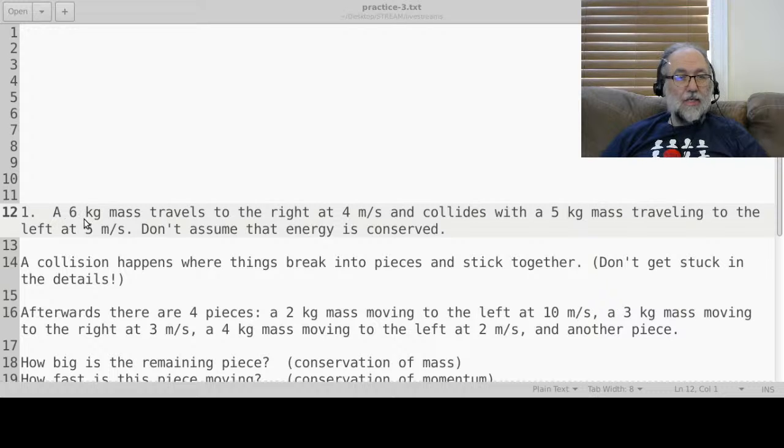So a 6 kilogram mass travels to the right at 4 meters per second and collides with a 5 kilogram mass traveling to the left at 5 meters per second. In this problem, don't assume that energy is conserved. I don't really need to say that, but I said it explicitly just to be clear.